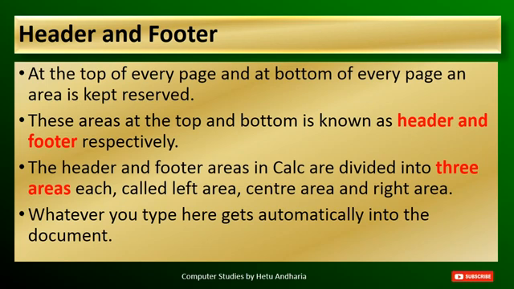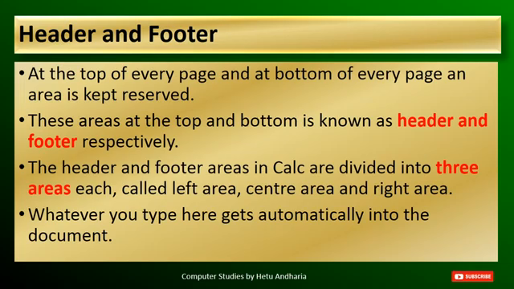Now I am reading out what is given here. At the top of every page and at the bottom of every page, an area is kept reserved. These areas at the top and the bottom are known as header and footer respectively. The header means the thing which you want to print on the upper side of the page, that you have to insert in the header part, and whatever you want to print in the bottom part of the page, that you have to insert in the footer.